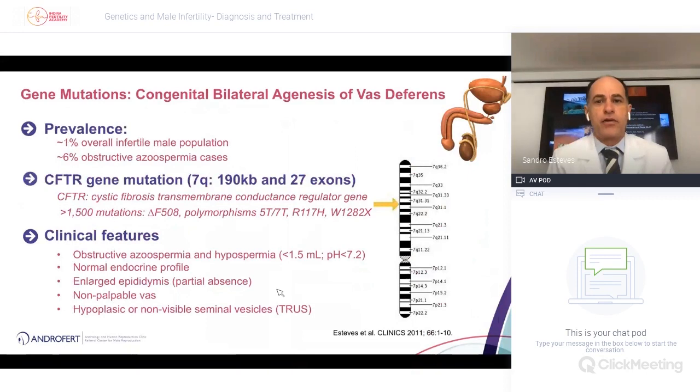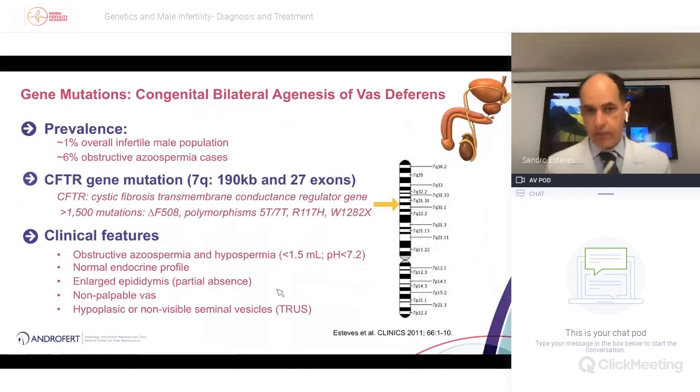This is the congenital bilateral absence of the vas deferens, which affects up to 6% of men with obstructive azoospermia. In this case, the gene mutation will affect the development of the vas deferens and part of the epididymis, and also part of the seminal vesicles, because they share a common origin.